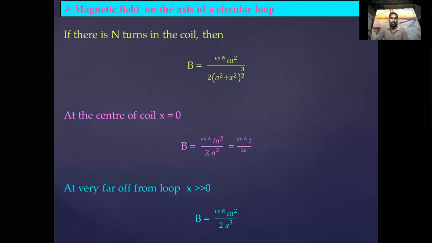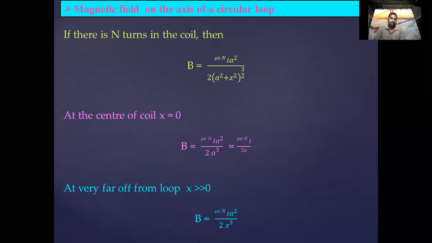Now this is the application of Biot-Savart law. So today in the class we discussed a brief introduction of Biot-Savart law and what Biot-Savart law is, the parameters it depends on, and its mathematical form.